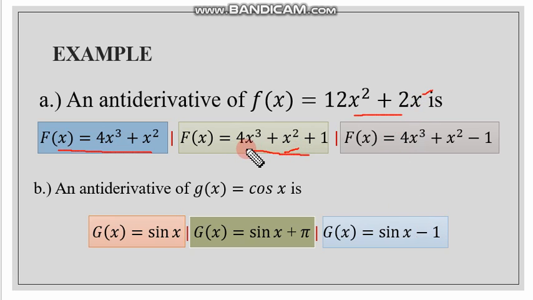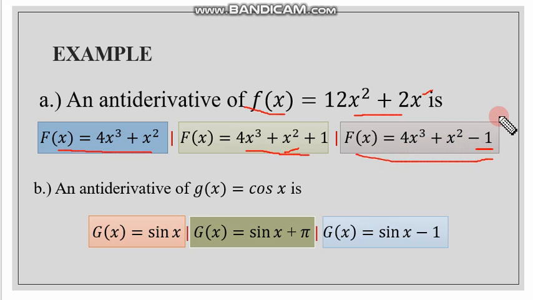Because if we get the derivative of 4x cubed plus x squared plus 1, it is equal to 12x squared plus 2x, which is equal to our function here. Another possible answer, F of x is equal to 4x cubed plus x squared minus 1.